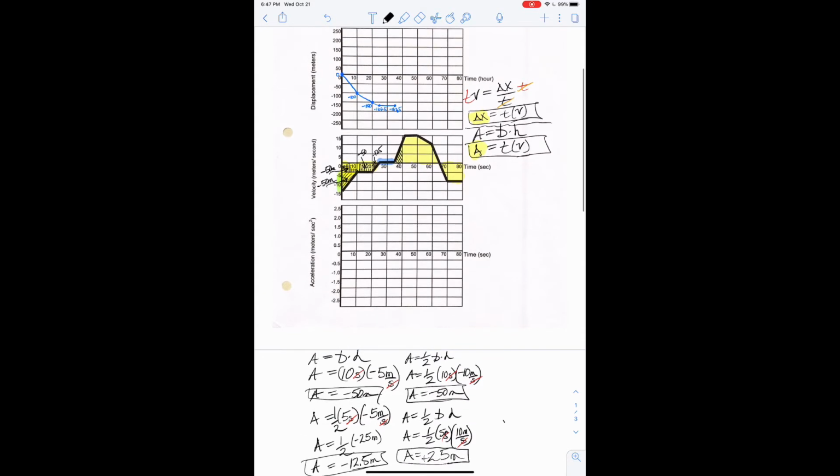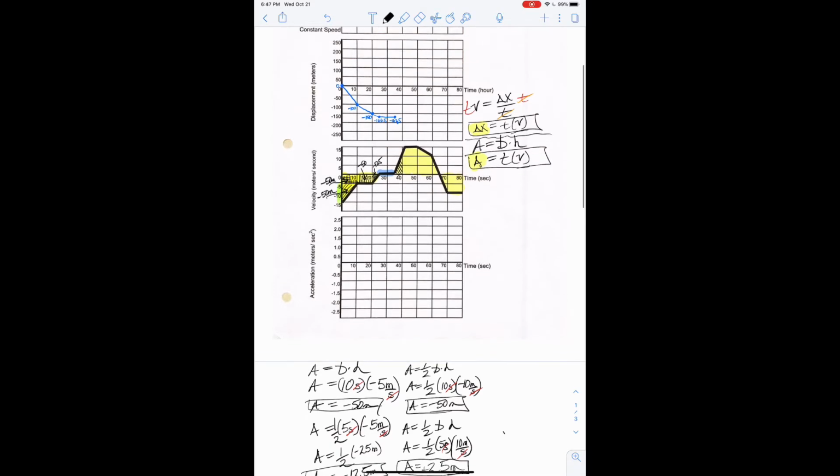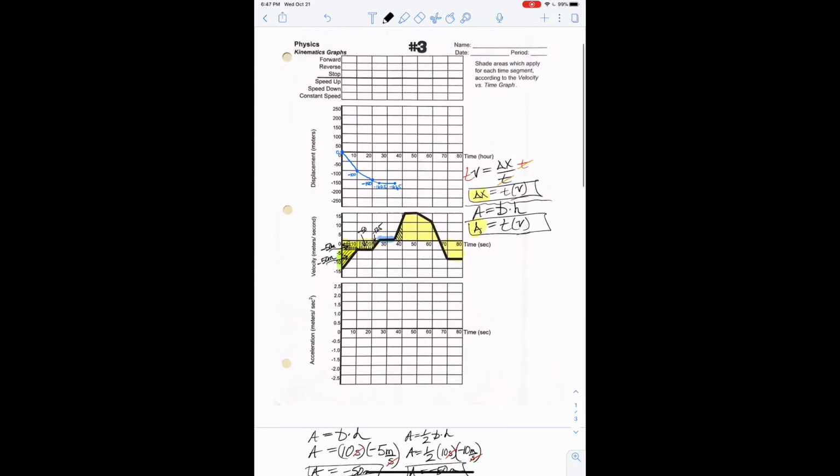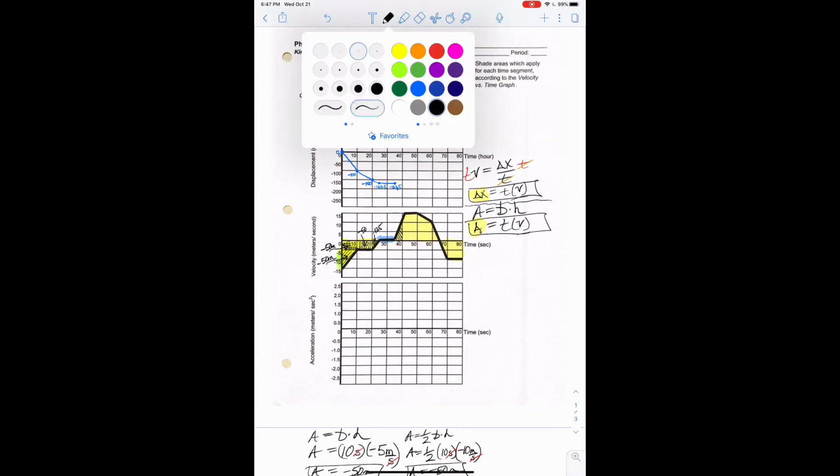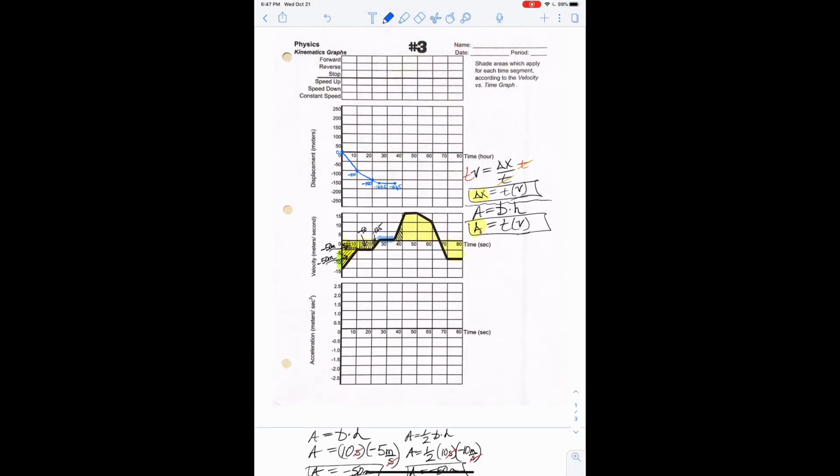Well, if we go forward 12.5, that brings us back to 150. And then if we tack on another 12.5, I think that gets us to negative 137.5. If you got a calculator, you can check, but I think that's right. So by time 40 seconds, we're going to be at 137.5. Well, here's 150.